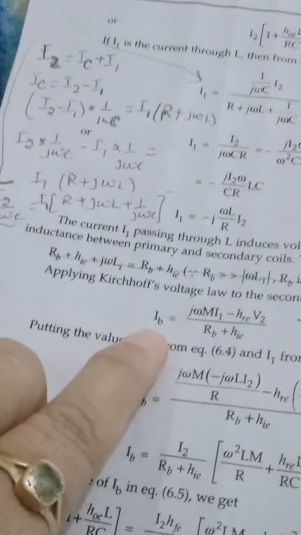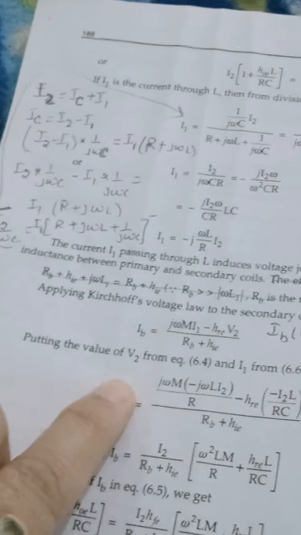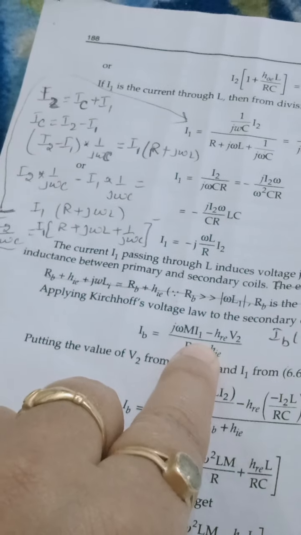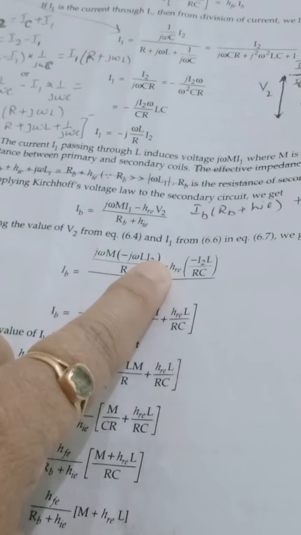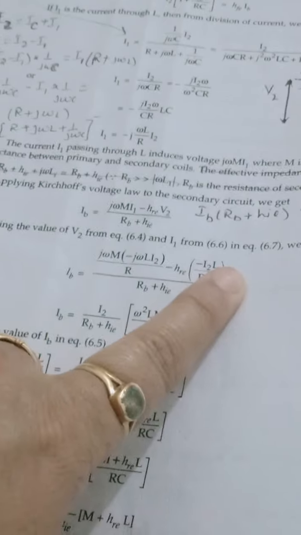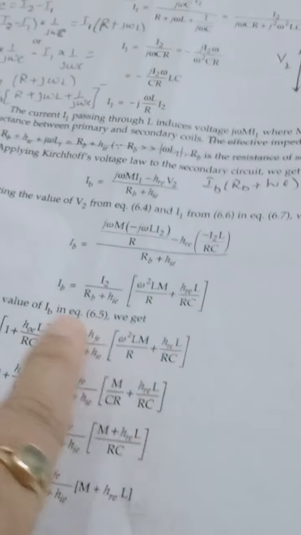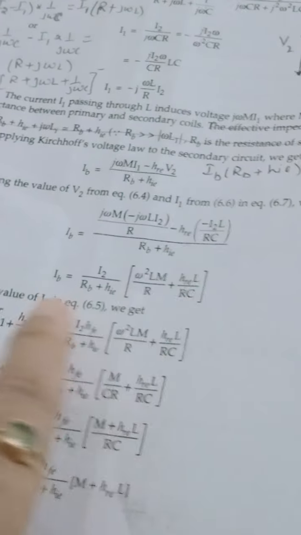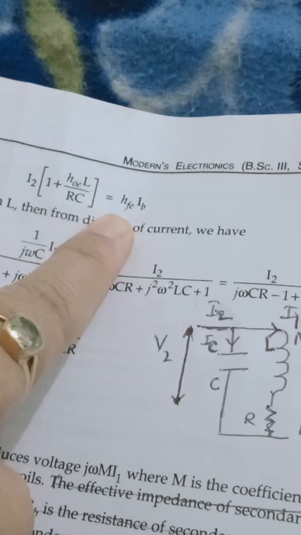So from here, after rearranging, I get IB like this. Then in this IB we are to put the value of I1 and the value of V2. So IB, after putting the value of I1 and V2 which we have previously calculated, I get a term for IB. Now this IB is to be put back into equation 6.5, which is this equation.